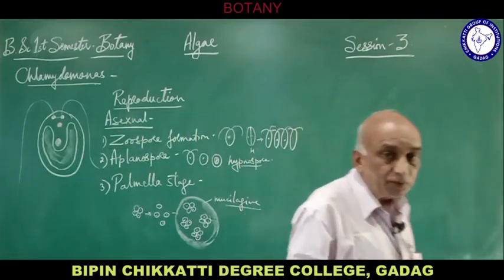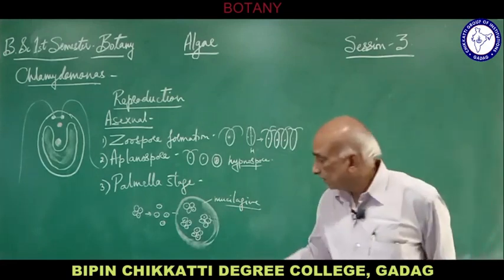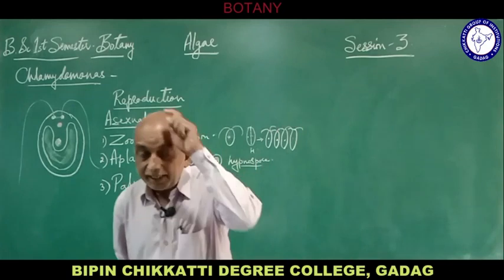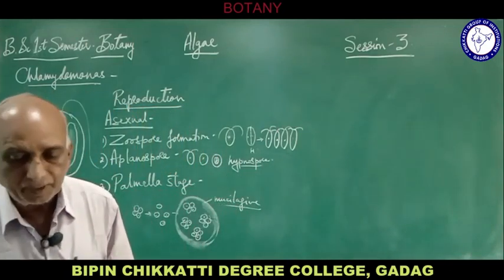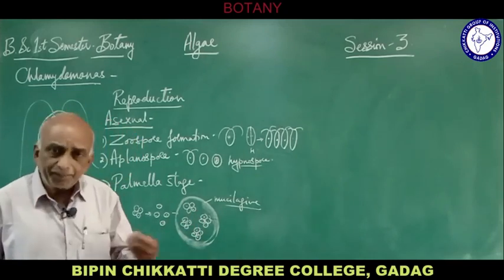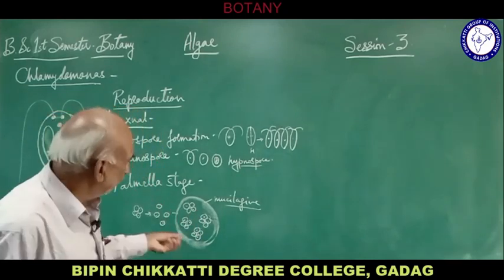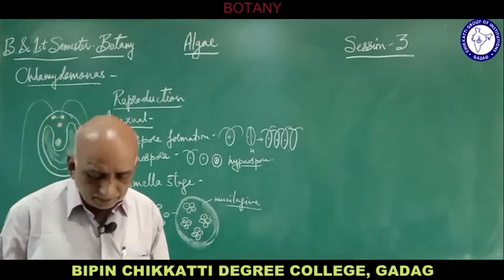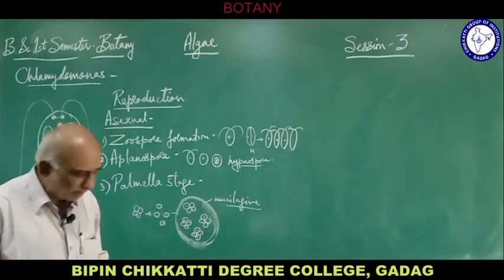So how many cells are there in this Palmella stage? All the cells will develop into an independent Chlamydomonas cell. The Chlamydomonas cell will develop independently and then be released from the mucilaginous matrix. So that is about this Palmella stage.